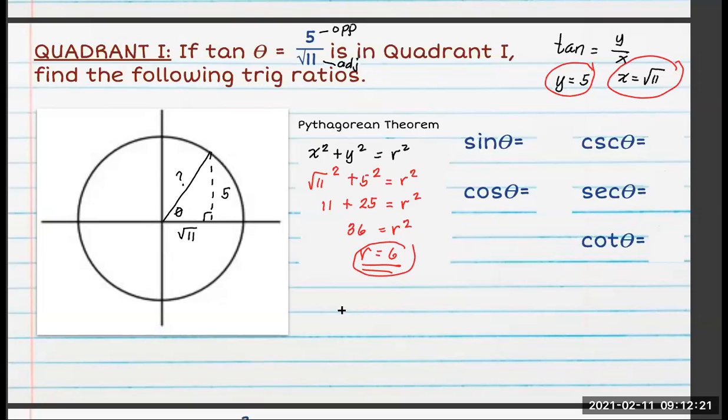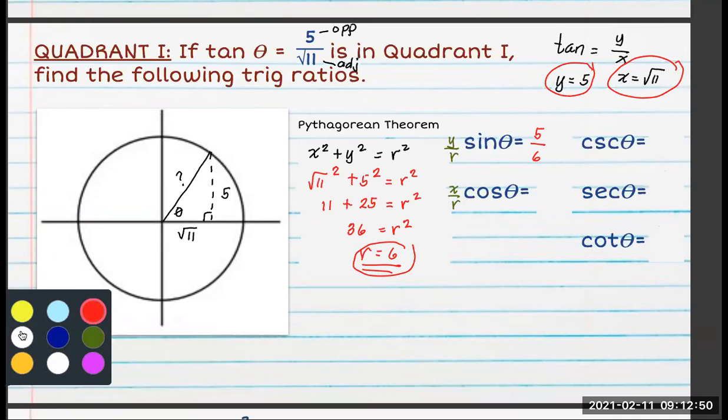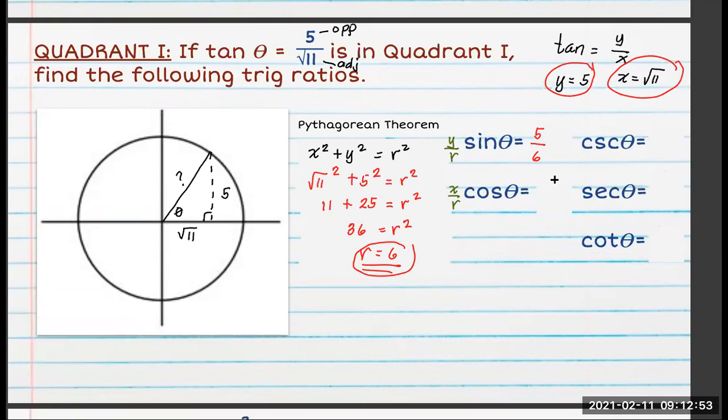So sine theta is y over r, which is 5 over 6. Let me write down right here. So sine theta is y over r. Cosine theta is x over r. So cosine theta is x over r. Our x is square root of 11 over r, which is 6.